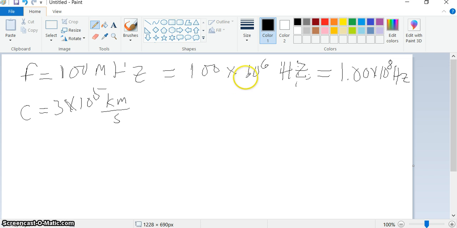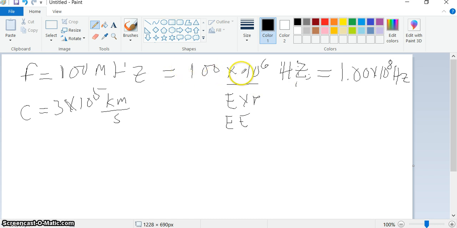You never hit times, you never hit 10. You always have to use the EE button or the EXP button. On the Casio, it's the EXP button. On a Texas Instrument, it's the EE button. You got to know how to enter it in your calculator.